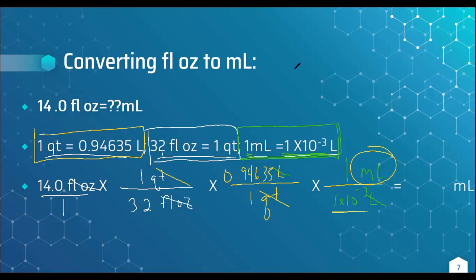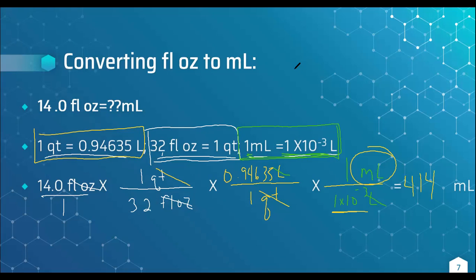Where is my EE button? 1, EE, negative 3. So if you put it into your calculator properly, you get 414 milliliters.